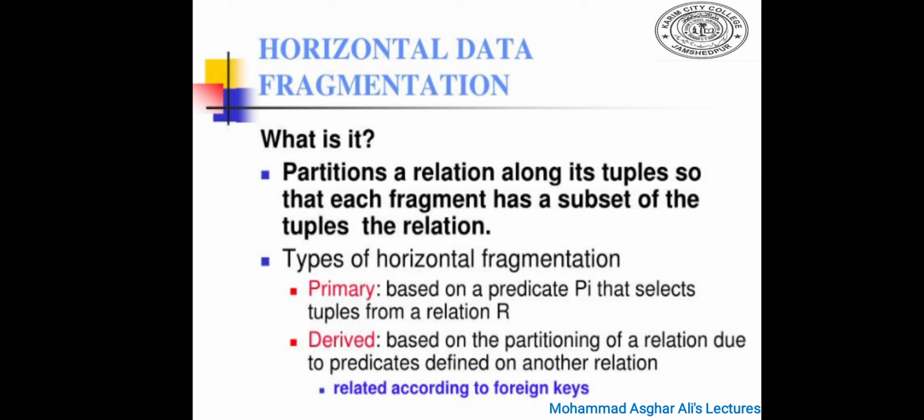The first one, primary horizontal fragmentation of a relation, is performed using predicates that are defined on that relation. And the second one, derived horizontal fragmentation, is the partitioning of a relation that results from predicates being defined on another relation. So again, it is divided into two parts, primary and derived.